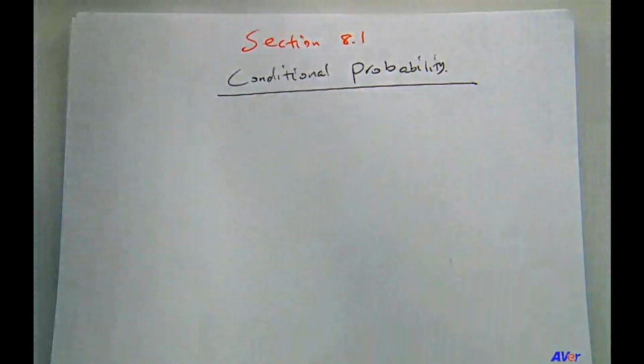So conditional probability is different than the probability topics we've talked about so far because it looks at the probability of an event given that another event has already occurred. So that's the definition of conditional probability. Let's write that down.